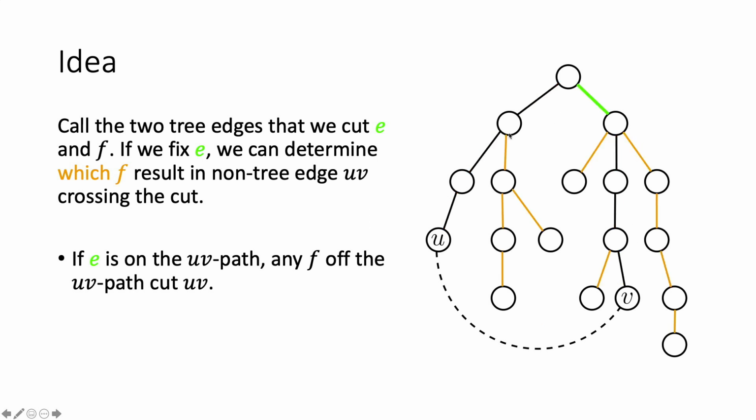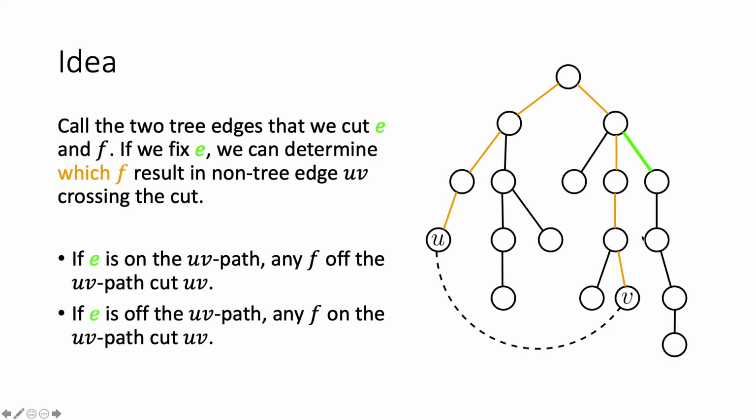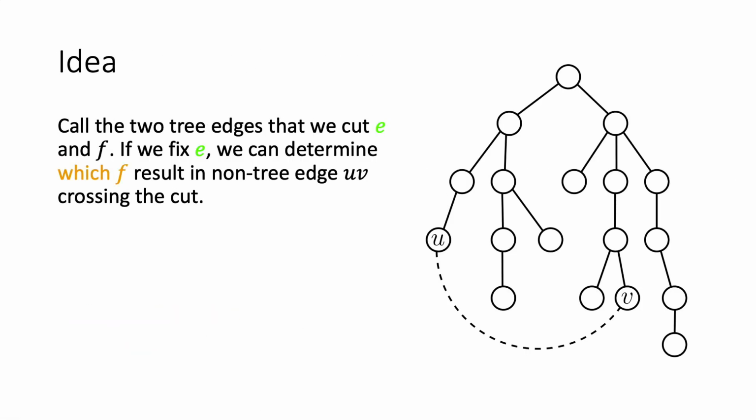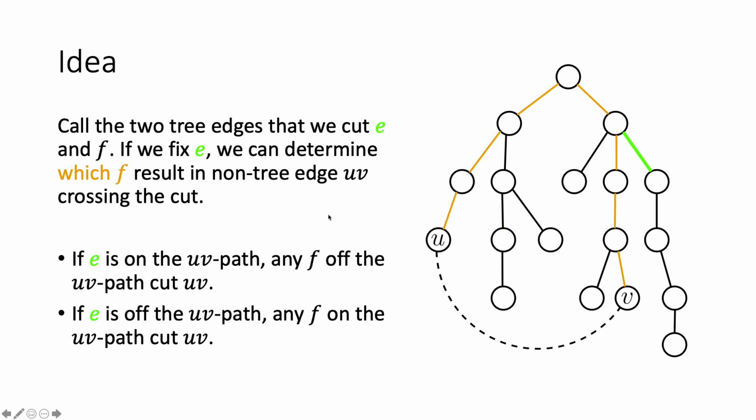Well, this is pretty nice then, because the updates that are required are exactly our path add and non-path add operations, or at least they can be supported by these operations. So why don't we try to use this top tree to find the best F according to any particular E.